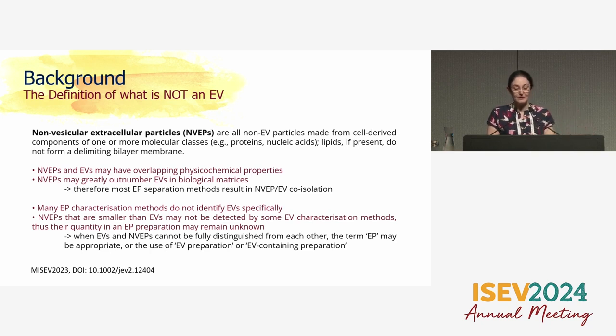One of the challenges that we're going to hear throughout the day is that these NVEPs and the EVs have very much overlapping physicochemical properties. They can have the same size, the same density, the features that we actually use to isolate our EVs. The other challenge, and we're going to hear more about this later, is that the NVEPs, I wish there was a catchier name, greatly outnumber EVs, often in biological matrices such as biofluids.